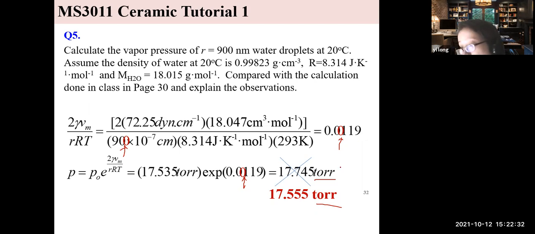So this one is 90, this one is 900. Atom will always move from higher pressure to low pressure, or low pressure to high pressure?